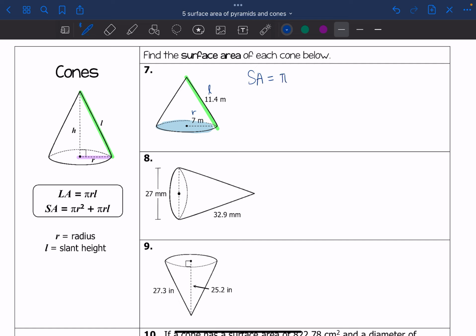So pi times radius squared plus pi times radius times the slant height. Okay, again, just type it in all at once, and let's round to the nearest hundredth if we need to. I'm getting 404.64, and they're measuring in meters, so square meters.